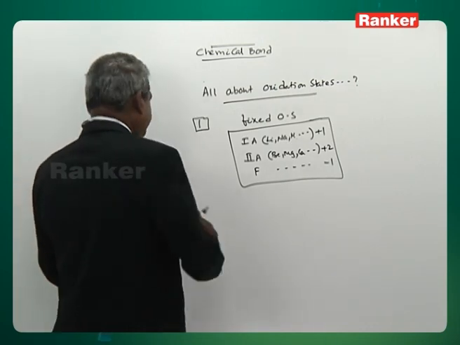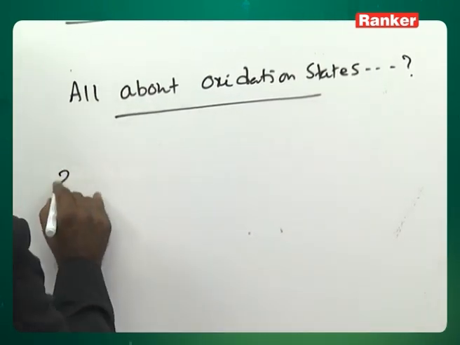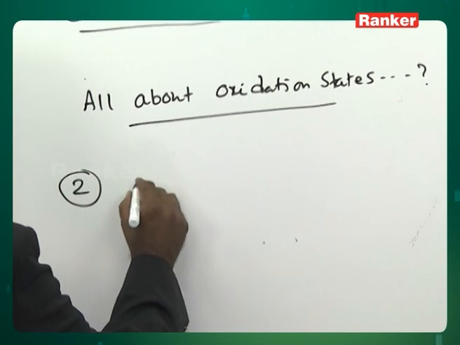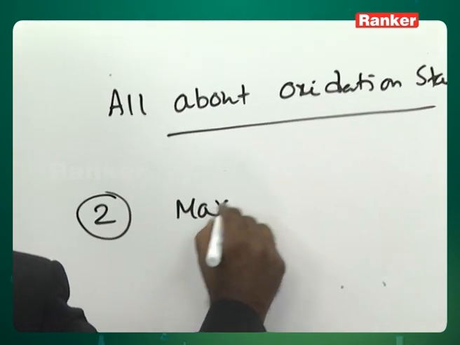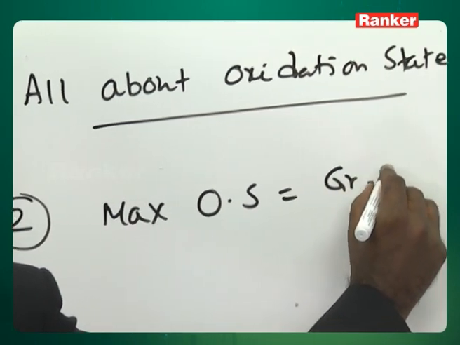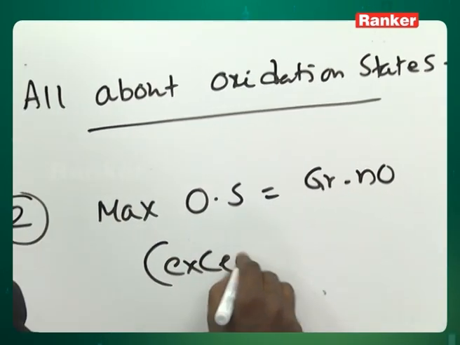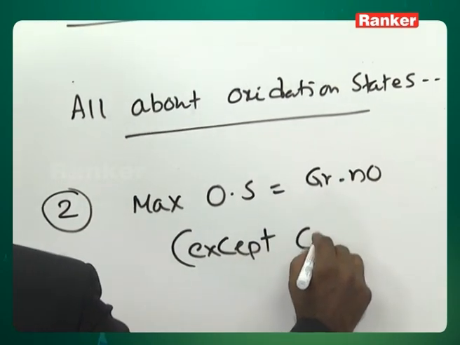Second, maximum oxidation state. Maximum oxidation state of an element is equal to its group number. The chief exception being copper.